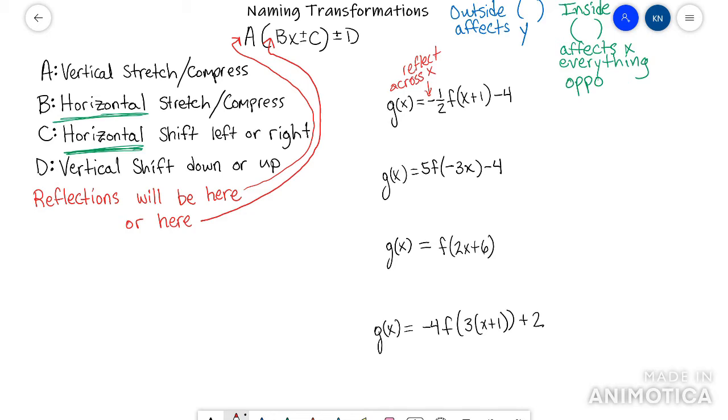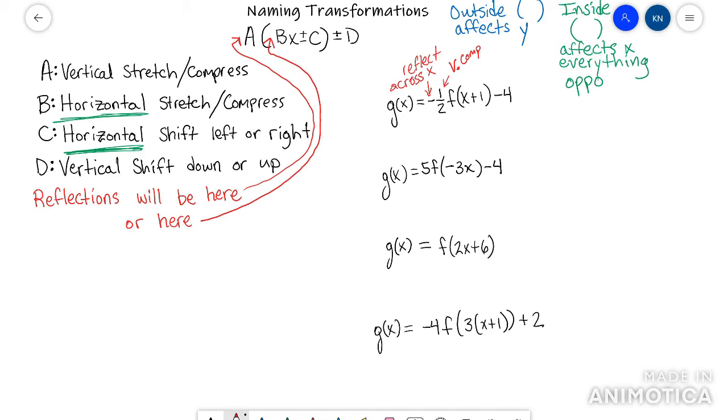Okay, the next thing I would see is the 1/2 here. It's outside, so it affects the y, so I instantly know that it's vertical. And then it's multiplying by 1/2. So if you multiply something by 1/2, you have to think to yourself, are you stretching or compressing it? Well, if you multiply by 1/2, you're compressing. So this is a vertical compression.